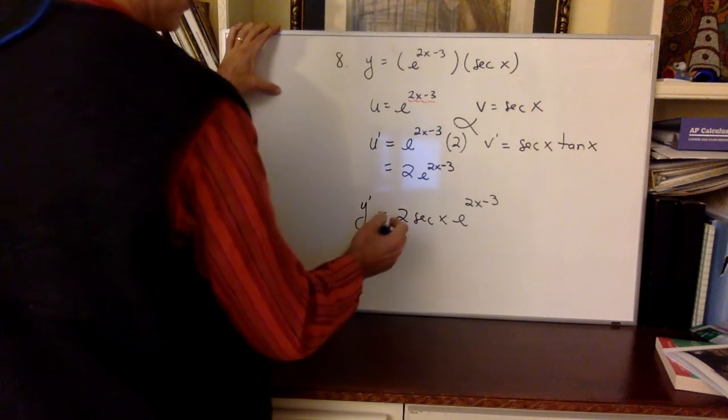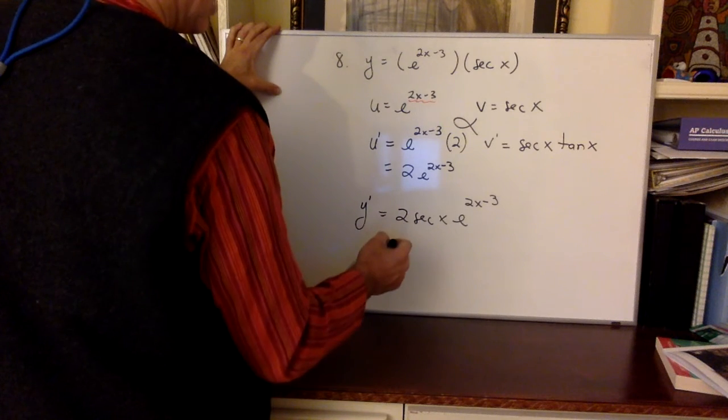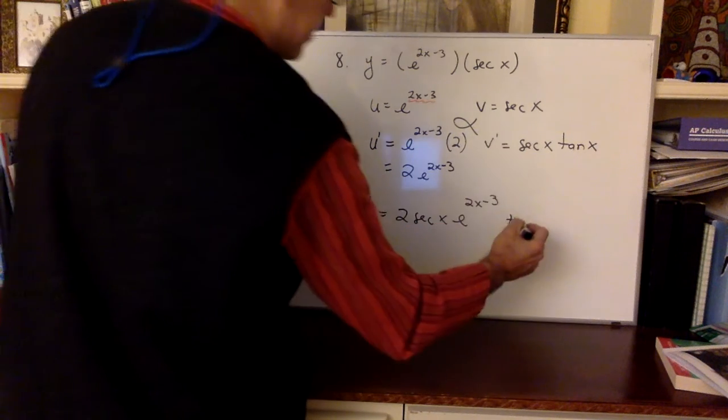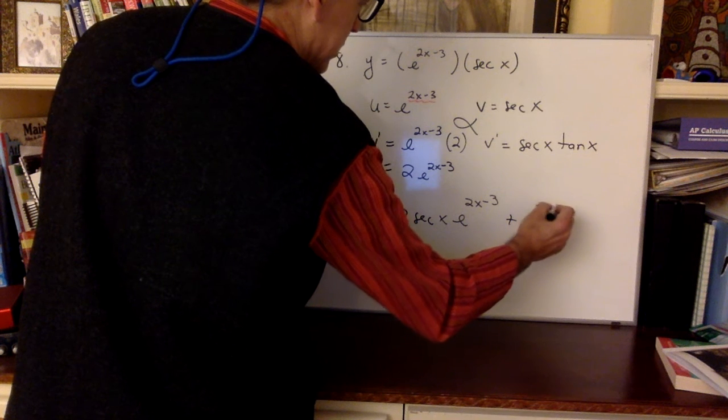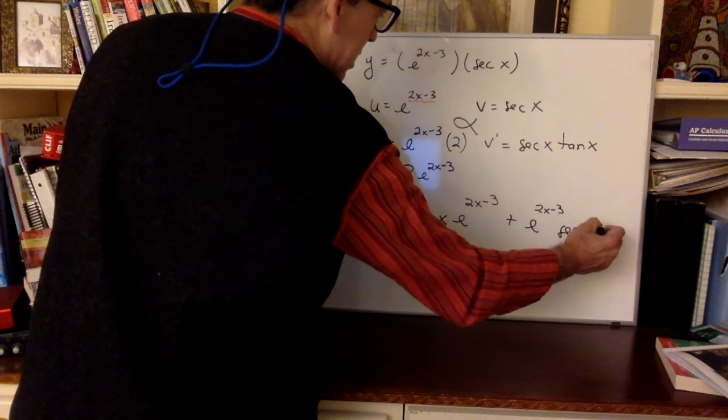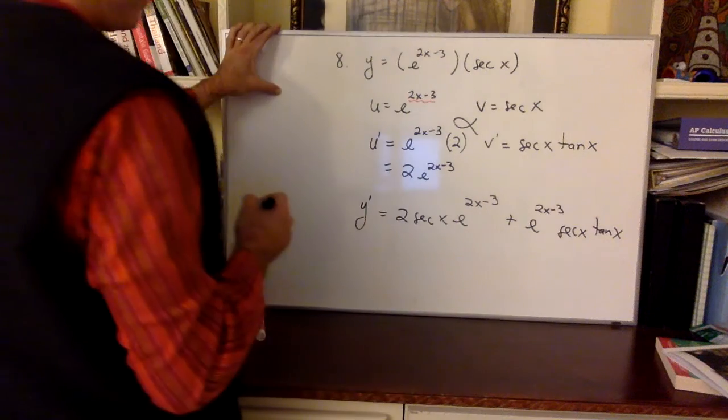And then plus, our product rule says plus this thing: e to the 2x minus 3, secant x, tangent x. Shazam. Okay?